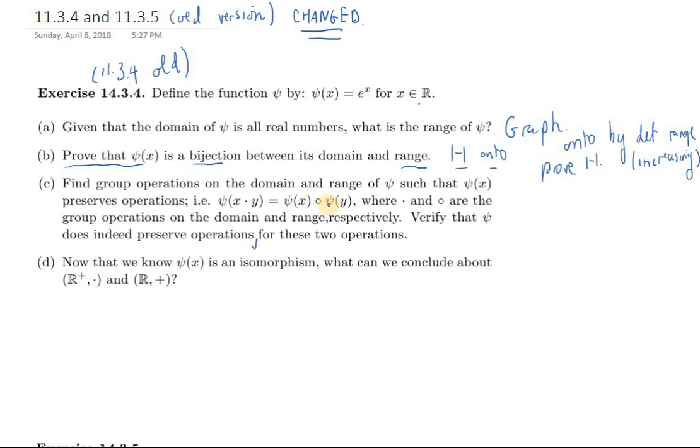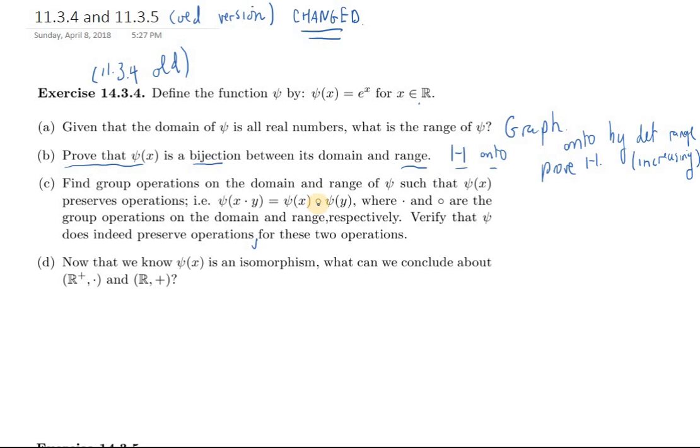So that's an equation. It's a substitution here, right? You have to substitute the function, what c is, and you need to substitute what this operation is, and then show that this equation works when we also substitute the operation on the range in here.